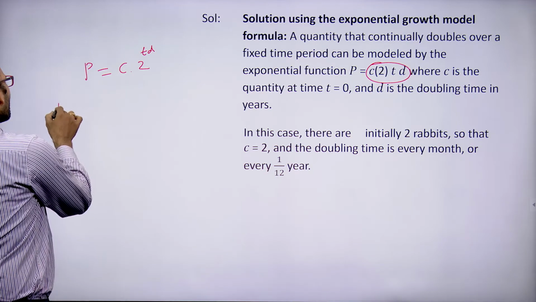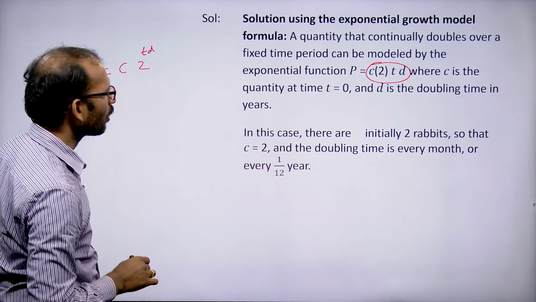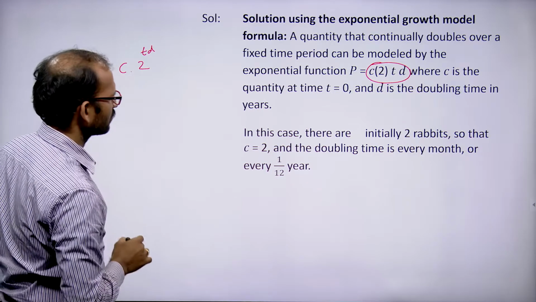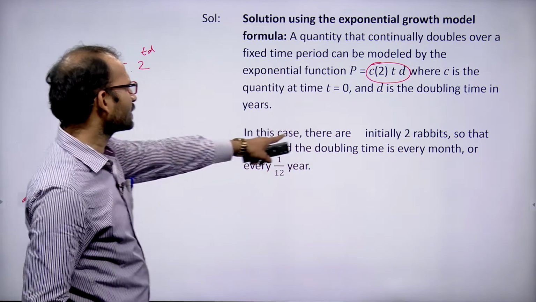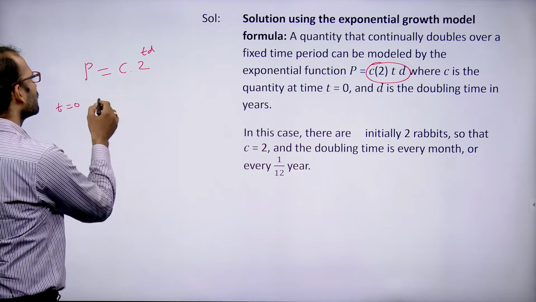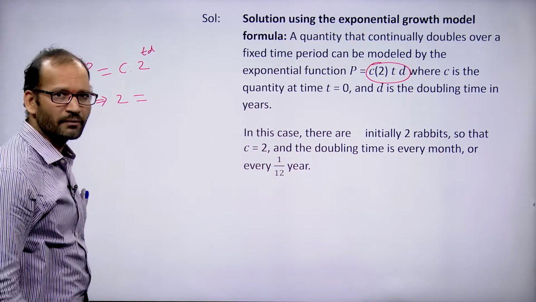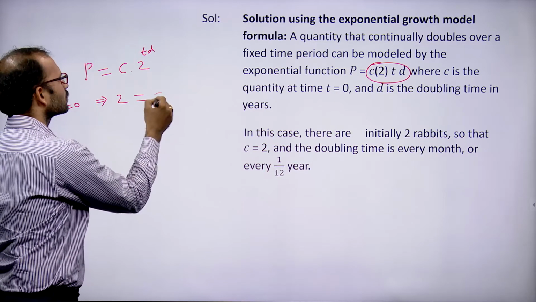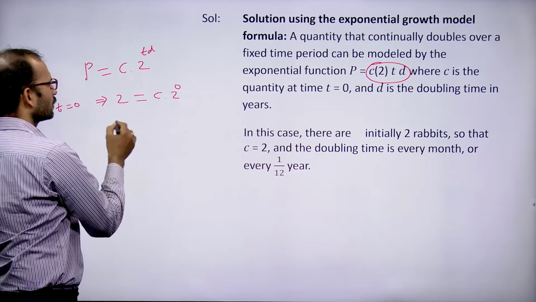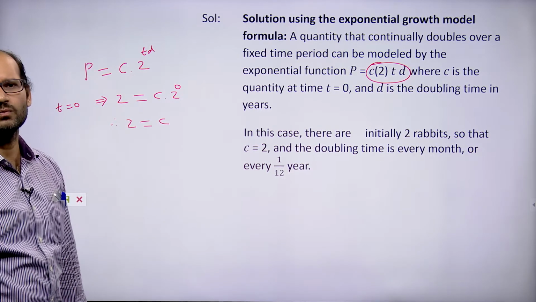So at time t equal to 0, what is the initial population? In this case there are initially 2 rabbits, so C equal to 2. Initially 2 rabbits are released into the wild, right? 2 equal to C into 2 power 0. Therefore 2 equal to C. So C equal to 2.